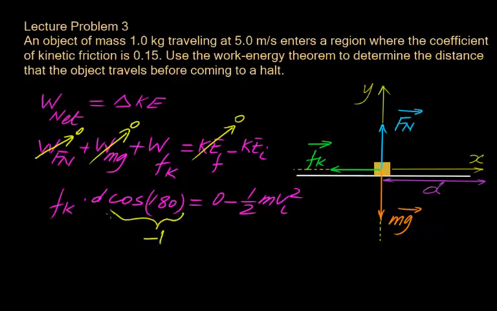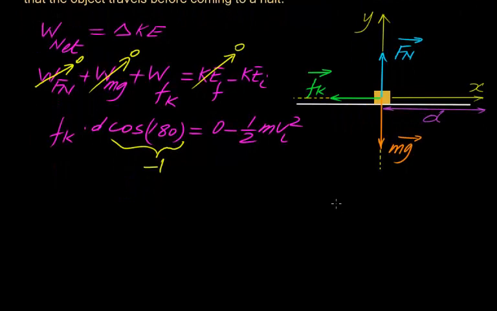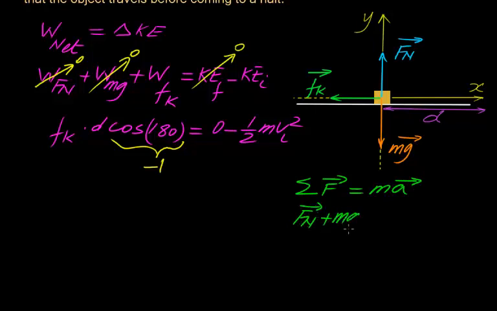In order to evaluate the friction force Fk, you need to use the dynamics of Newton's laws. The sum of the forces acting on the system of interest equals the mass times the acceleration. There are three forces, which are the normal force, plus the weight mg, plus the kinetic friction force.